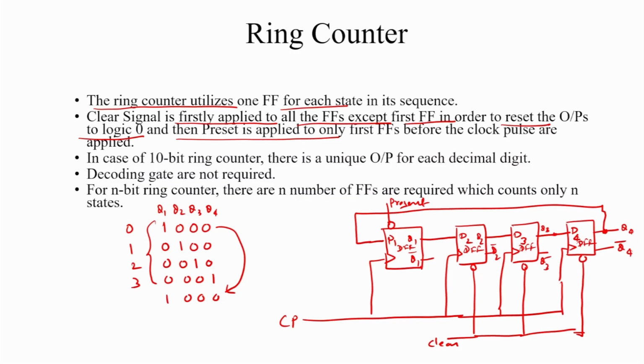In case of a Johnson counter, all the flip flops are connected by a clear state. In case of a ring counter, excluding the first flip flop, the rest of the flip flops are connected through a clear input and the first flip flop is connected through a preset input.